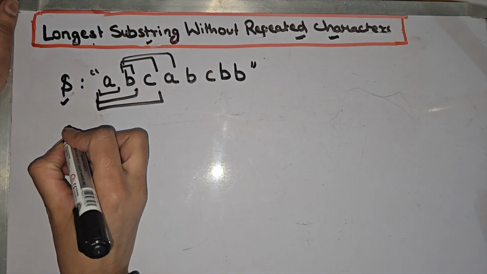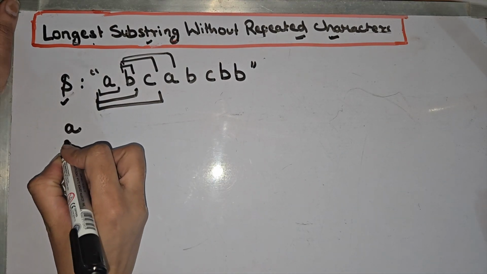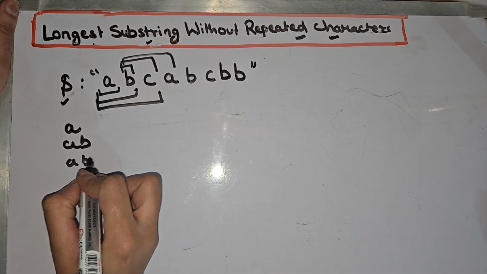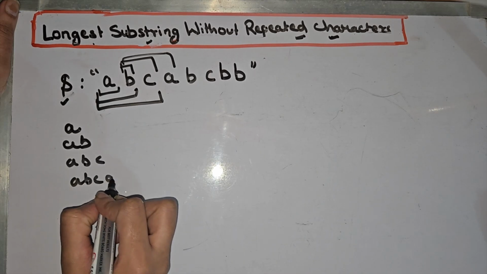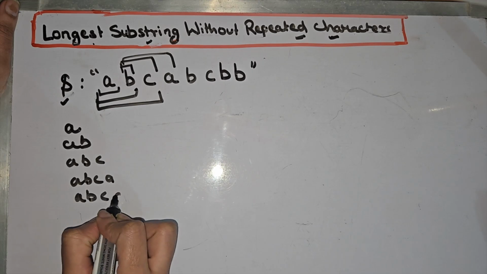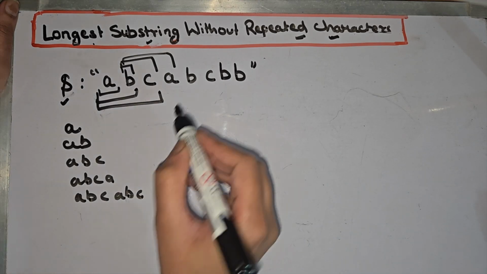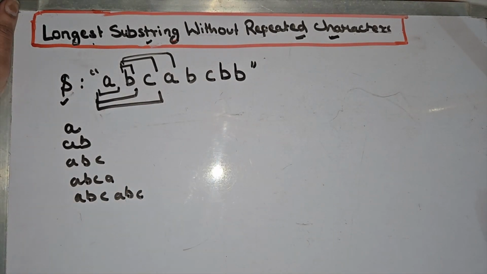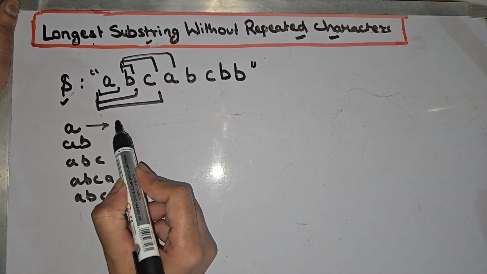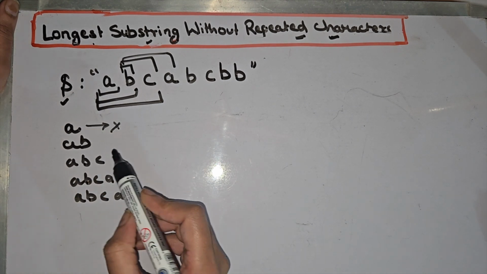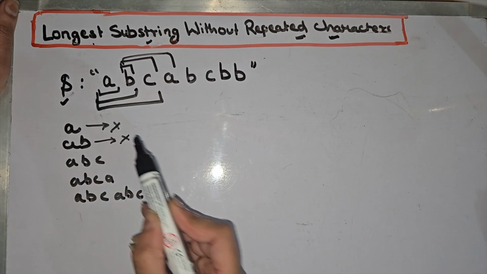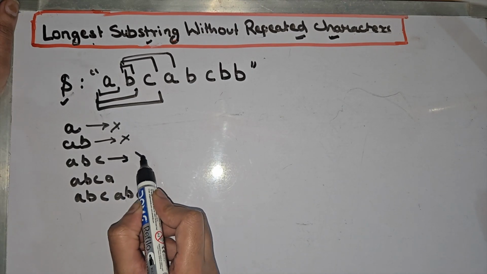For example, if we use A, B, A, B, C, A, B, C, and so on. We have a lot, but if we look, this is a substring and there are no repeated characters. This is a substring, there are no repeated characters. This is a substring, no repeated character.